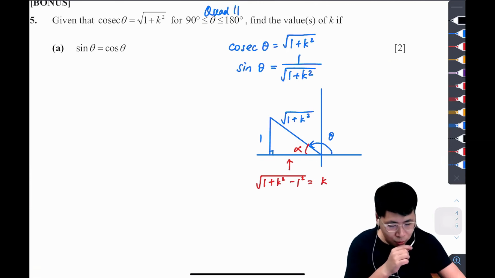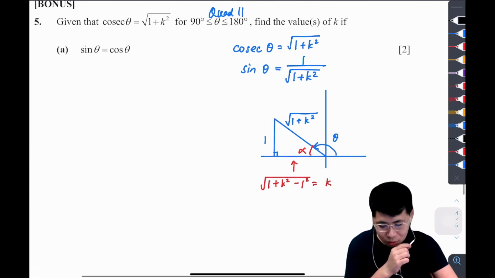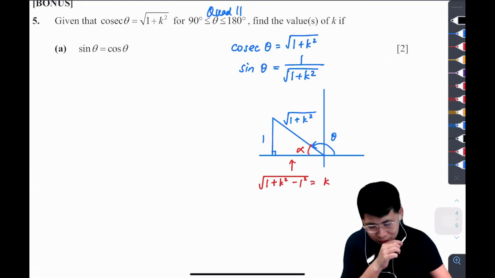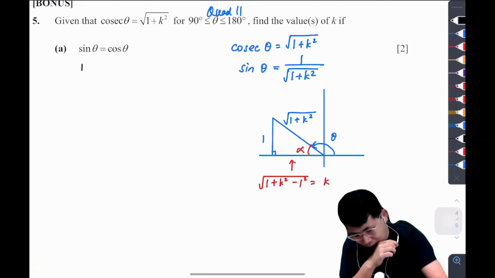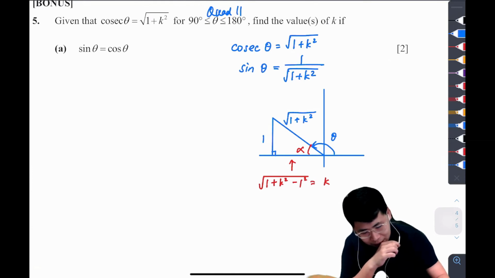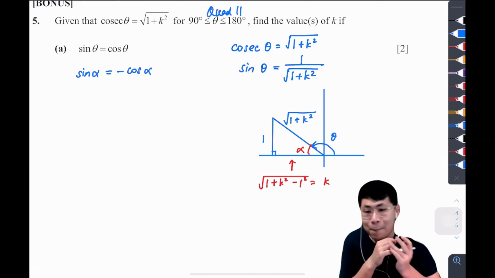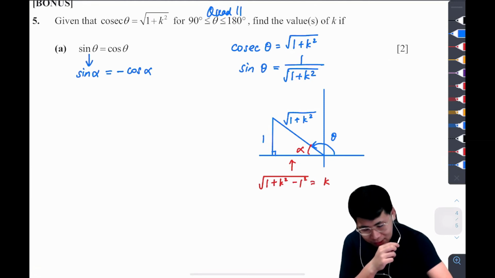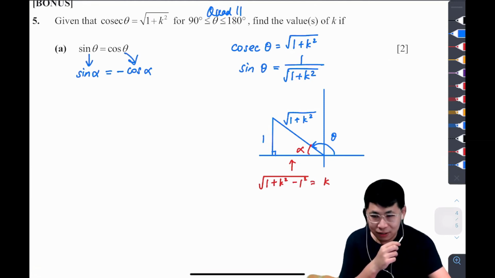When sine theta equals cosine theta, let us write down the expressions for sine and cosine theta. Changing to the basic angle first, sine theta is equal to sine alpha, and cosine theta is equal to negative cosine alpha.